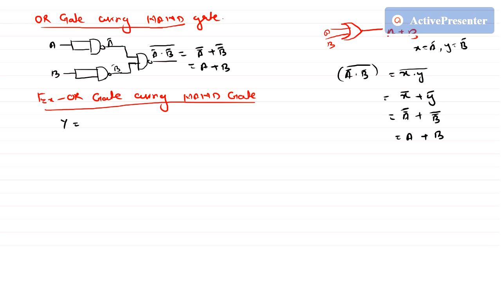The output of XOR gate, we write like this: A XOR B equals... What is the output for XOR gate?